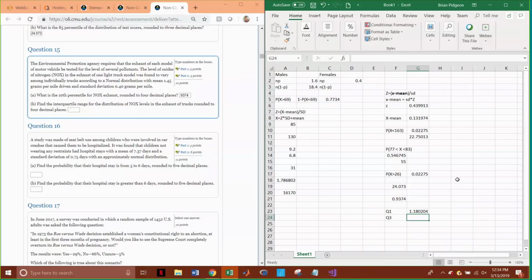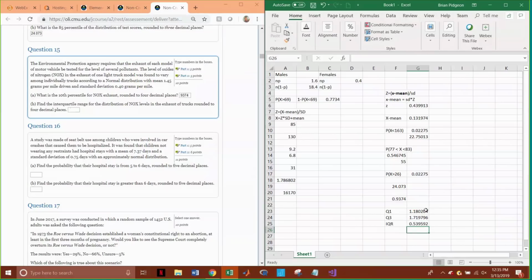Then the third quartile. Well, the third quartile is known as the 75th percentile. It is the value that separates the lower 75% of our data from the upper 25. The key here is lower 75%. Think 3/4. The mean is 1.45, and the standard deviation is 0.40. So those are the 2 quartiles that we need, but to get the IQR, we just take the difference, Q3 minus Q1.